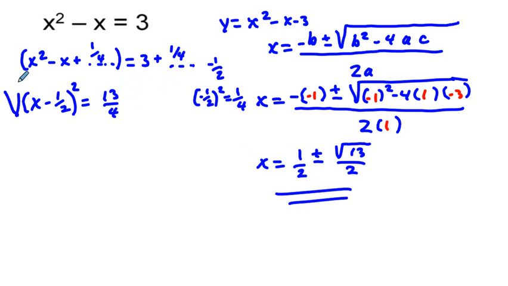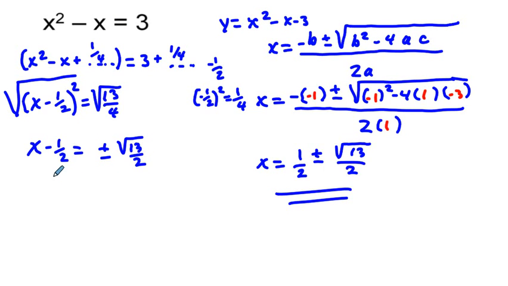Now we take the square root of both sides of this equation. We have x minus 1/2 is equal to plus or minus the square root of 13 over 2.